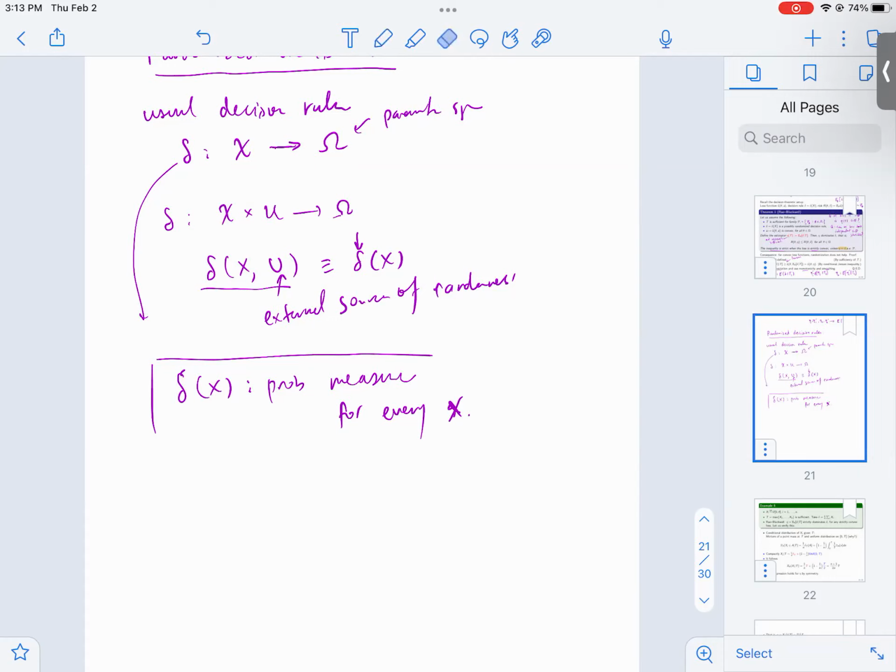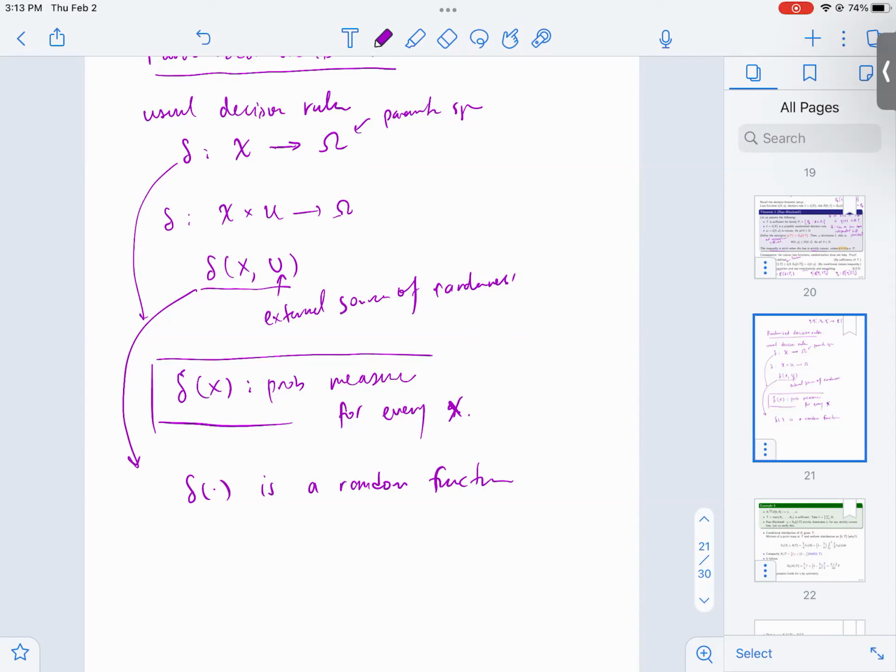That's a viewpoint, and this viewpoint is better. So delta itself is a random function. When I apply it to x, because delta is random, delta of x would be another random variable.